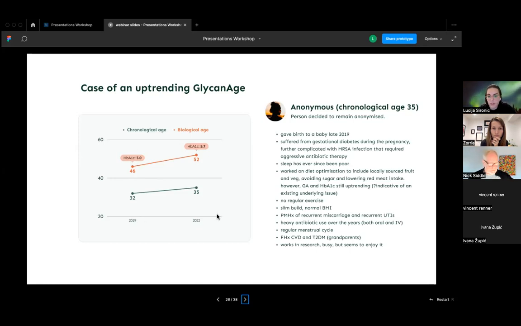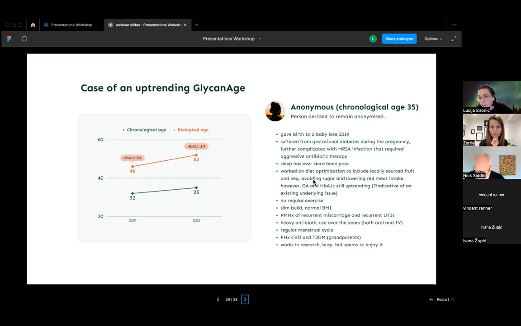Three years after that, so we're talking about the last few months, in 2022, she had her GlycanAge repeated, which jumped to 52. She's currently chronologically 35, and her HbA1c jumped to 5.7.